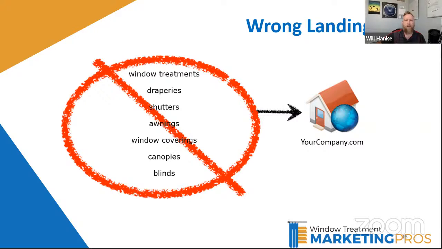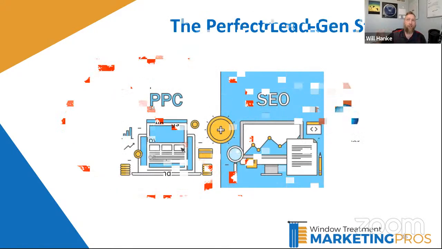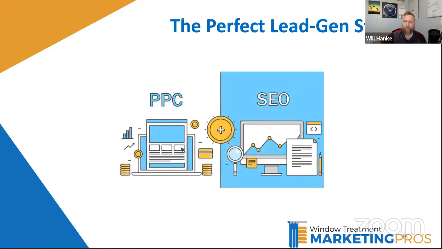But in reality, the best scenario is people that are searching for draperies land on your drapery page or a landing page related specifically to that with pictures of that product and copy that talks to that particular product as well. Definitely don't just want to drive them to your homepage. And that's always a big mistake. It sounds logical, but not always the case.